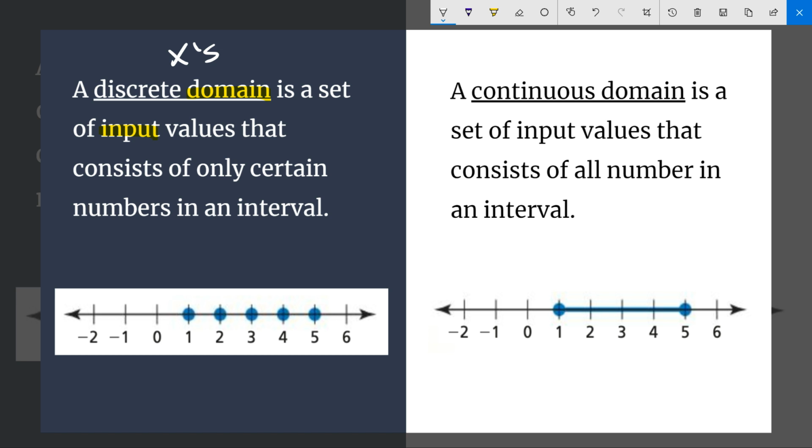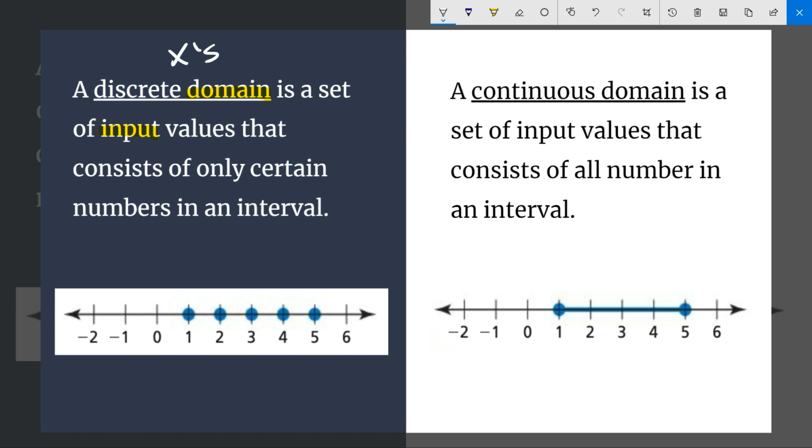Set means like a group of numbers for our x. So we're looking at a group of numbers that are our x values, and then there's only going to be certain numbers in an interval. An interval is when we're looking at starting at this value, ending at a different value. If you take a second to look at the 2 graphs at the bottom, see how the first dot is at 1 and the last dot is at 5 on both of them?